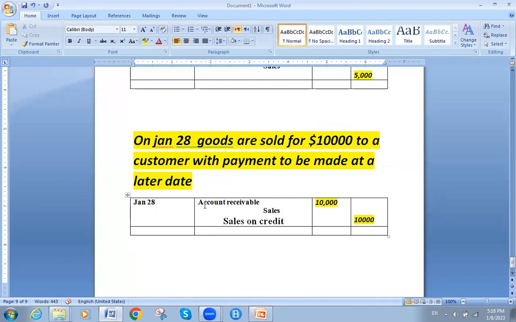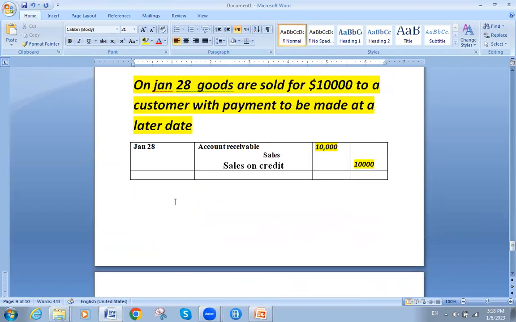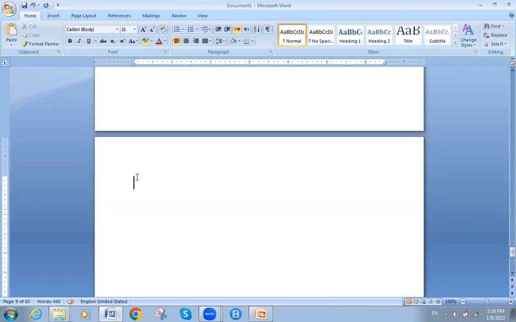How about if a part of this transaction was done on credit and part was done in cash? What we will do now, let us take this example.